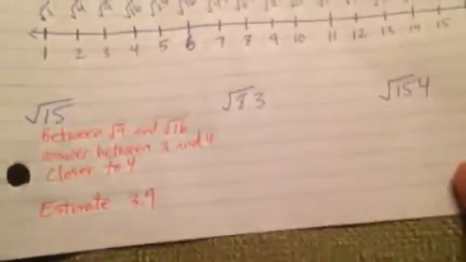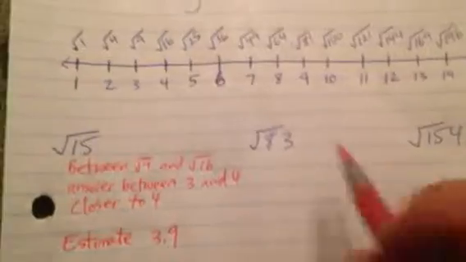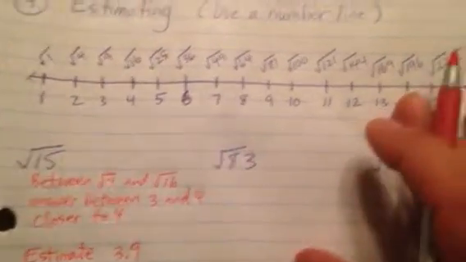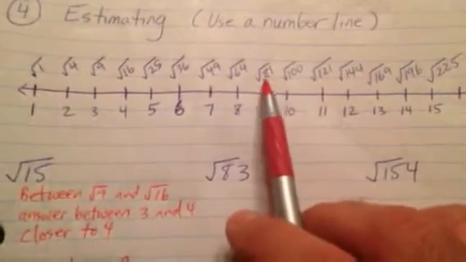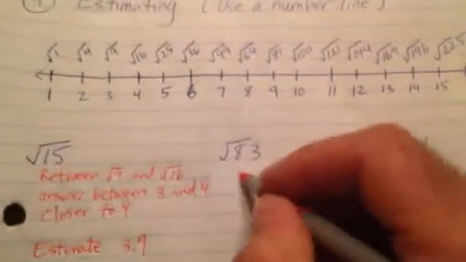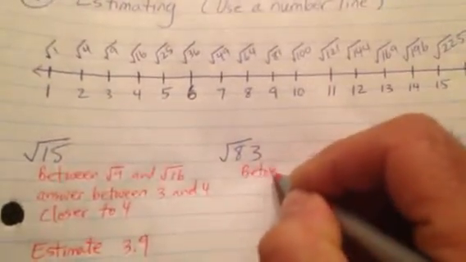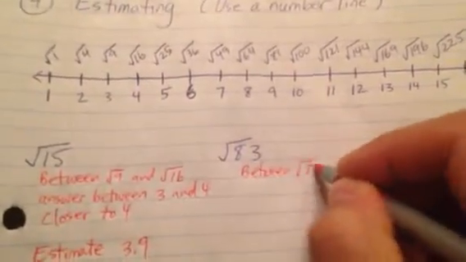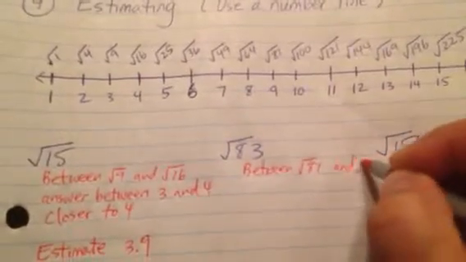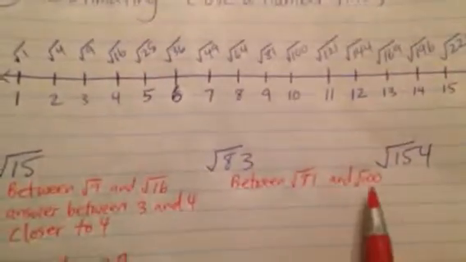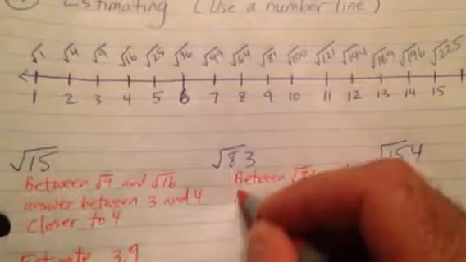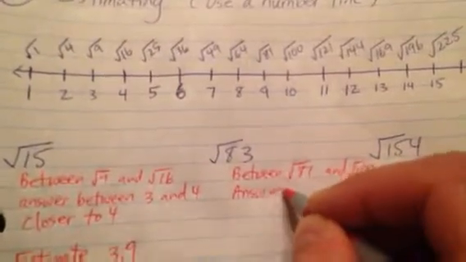So estimate 3.9. For square root 83, I know it's between the square root of 81 and the square root of 100. In other words, I know that the answer is between 9 and 10.